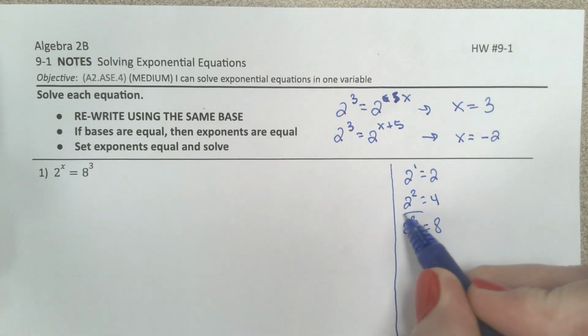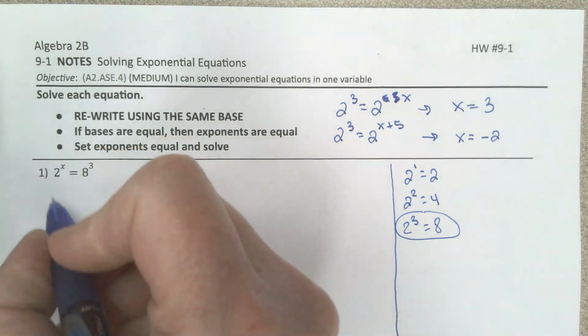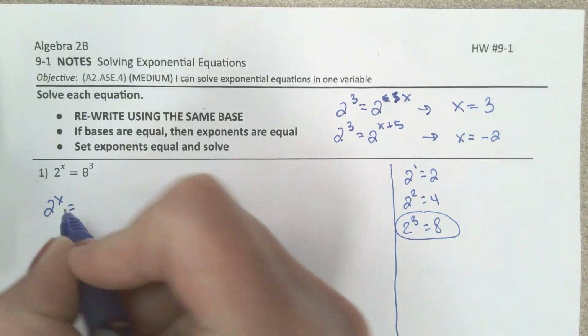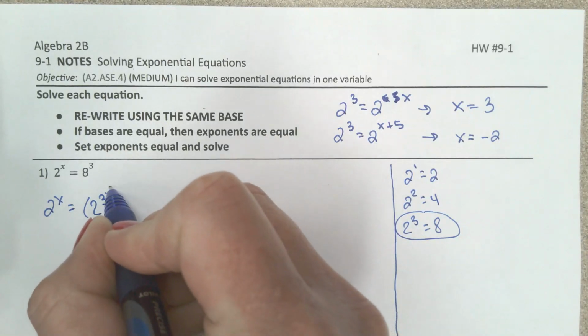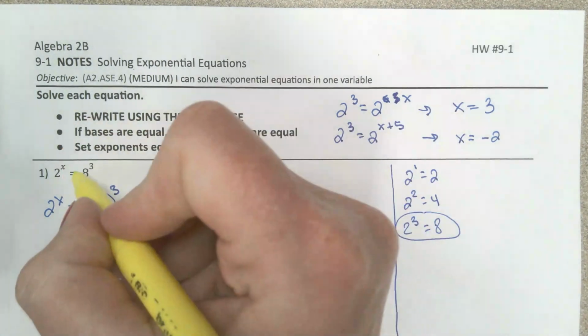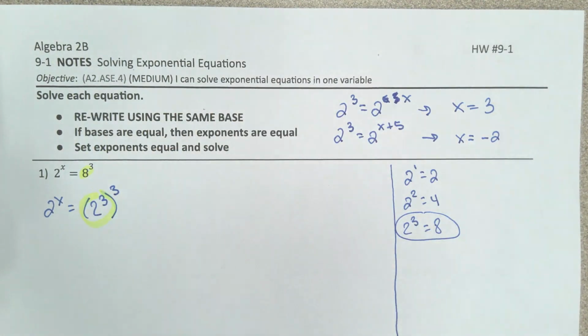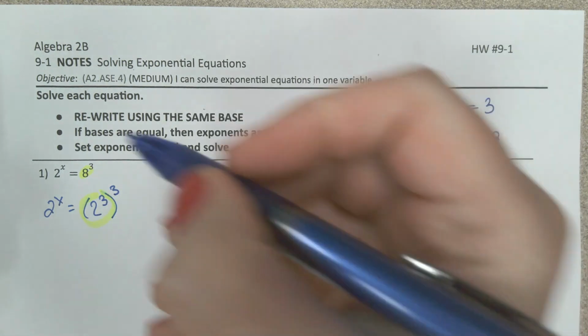Oh, hey, 2 to the third equals 8. So I can rewrite the 8 as 2 to the third. So this 8 right here is the same thing as 2 to the third. I just found a different way to represent it.